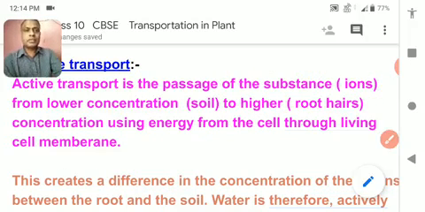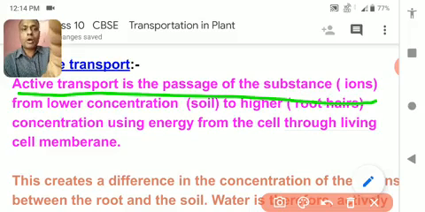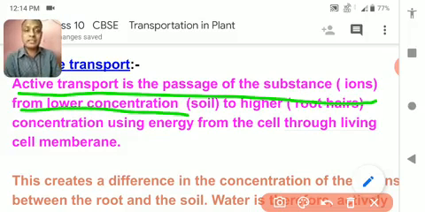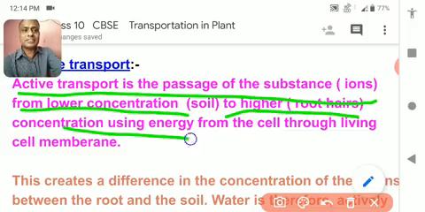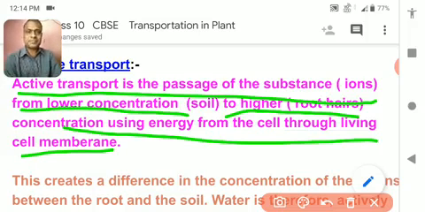Let's study. Active transport is the passage of a substance, that is ion, from lower concentration, meaning outside in the soil where the mineral, that is ion, is present in low concentration, to higher concentration, that is in the root, using energy from the cell through the cell membrane. Understood? So the cell membrane utilizes energy to bring the mineral from soil into the root hair.